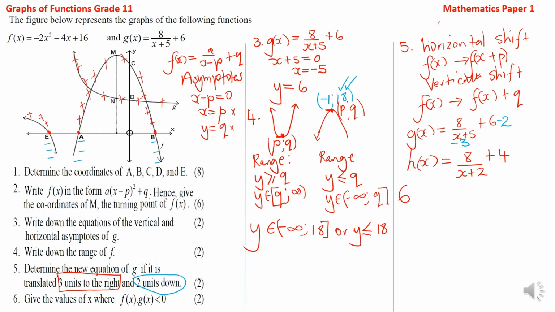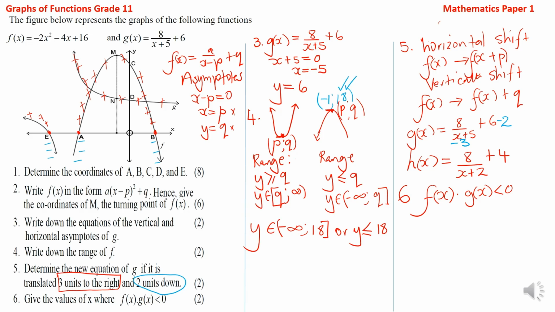Now, if we want to find the values of x for which f of x multiplied by g of x is less than 0, we must find a section or sections on the graph where, when you compare the two graphs, when one graph is positive, the other one must be negative, so that when you multiply a positive and a negative, the answer will be negative.